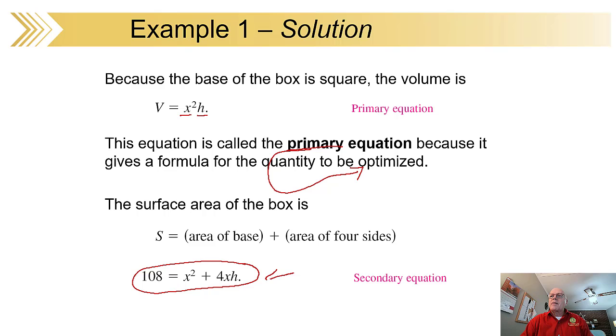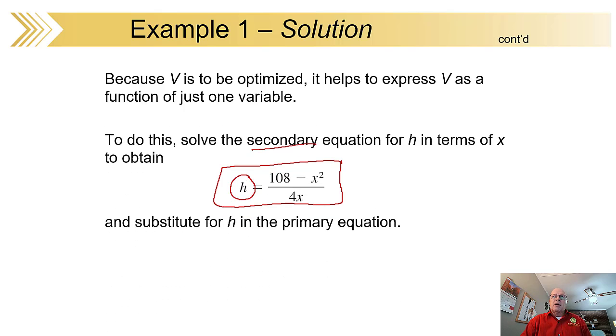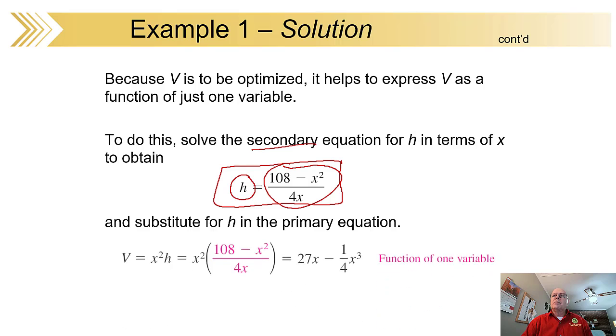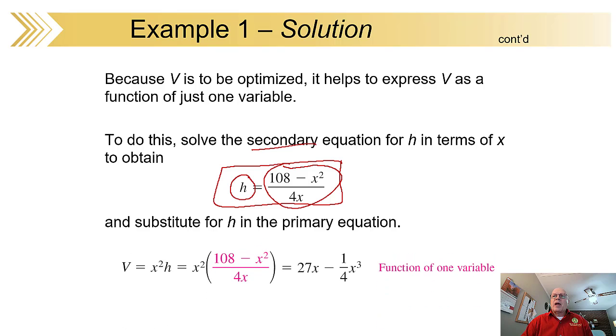This one right here, but solved for h. There you go. Now what that means is in our V equals x squared h equation, we can take this and substitute it in where we had the h. And that's what we get. The h becomes its equivalent.